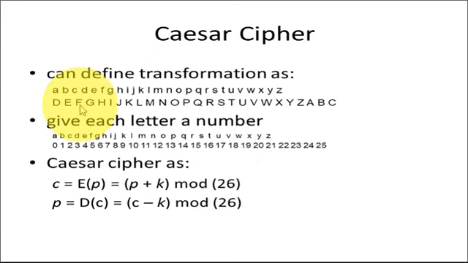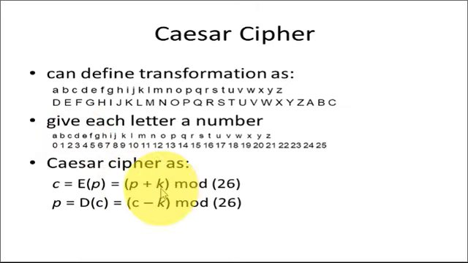For example, let us assume any letter D. If you want to encrypt the letter D, the plain text is D plus, let's assume the K value is 3. So here the D value is 3, plus 3, that is 6.